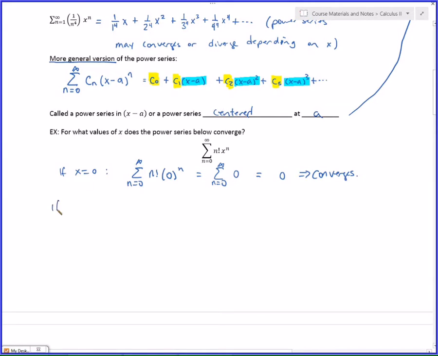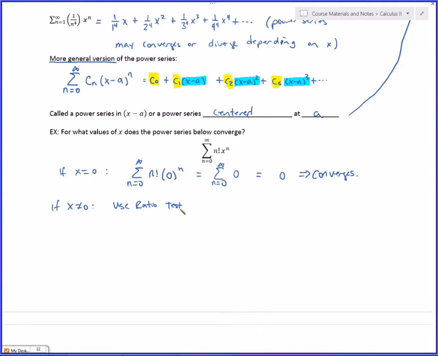All right, so what about if x is not 0? I'm going to suggest, and most of the time this is what we do, use the ratio test. Not 100% always, but most of the time, 99.9% of the time, the ratio test is the right choice.